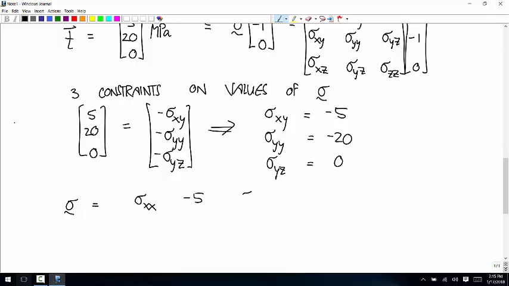We still don't know what xz is, but then we know -5, -20, 0, and then sigma xz, 0, sigma zz. And those are boundary conditions then that you can use in your calculations for the values of the stress tensor everywhere.